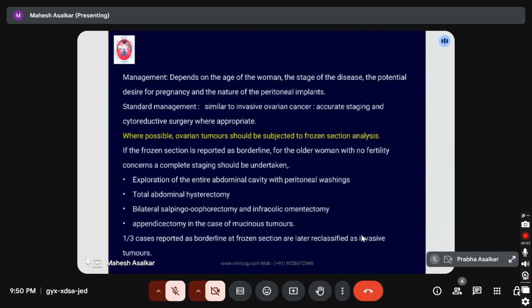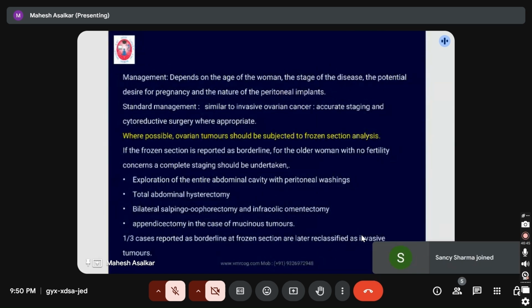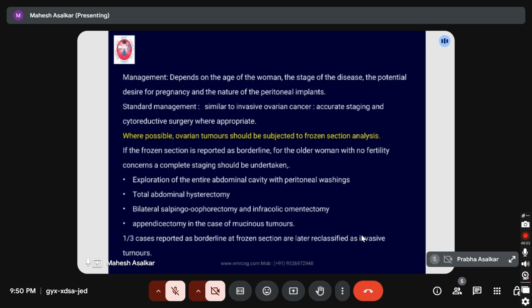Now coming to the management of borderline tumors, it depends on the age of the woman, the stage of the disease, the potential desire for pregnancy, and the nature of peritoneal implants. The standard management is similar to invasive ovarian cancer: accurate staging and cytoreductive surgery wherever appropriate.